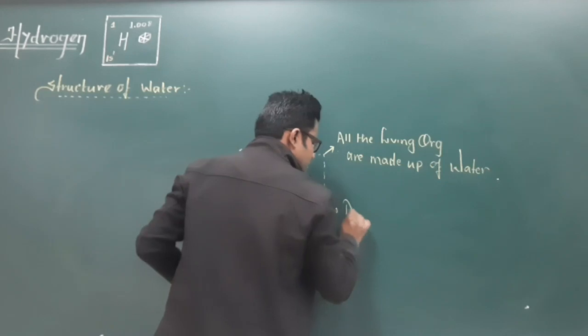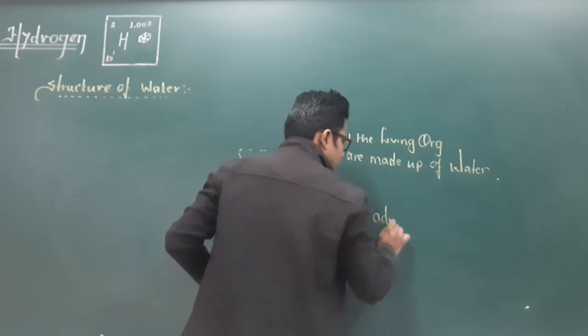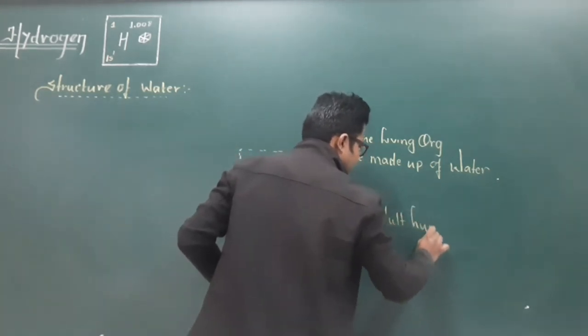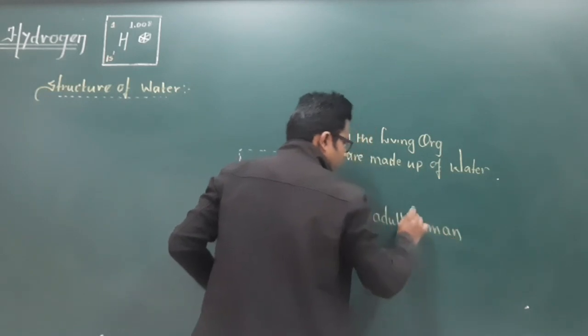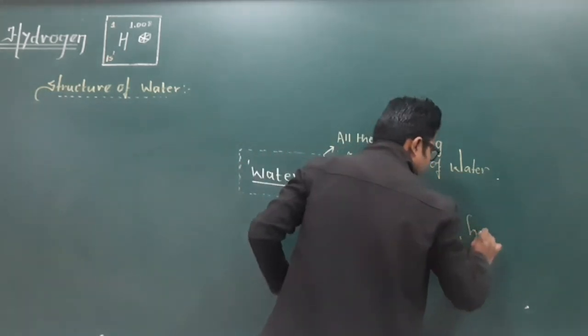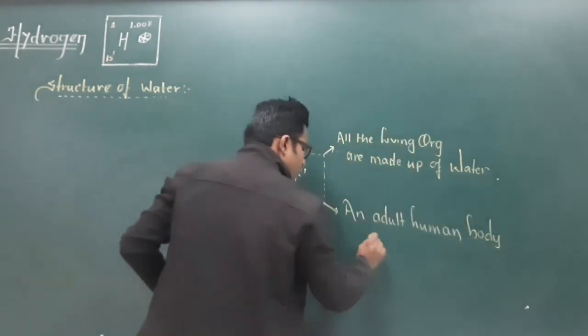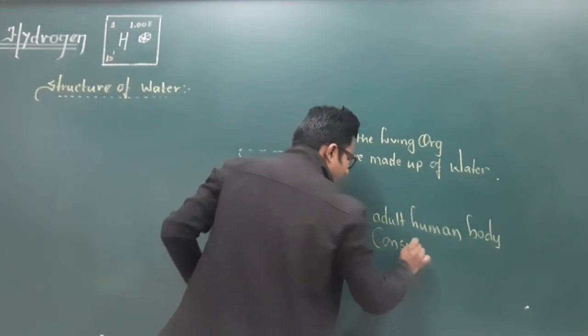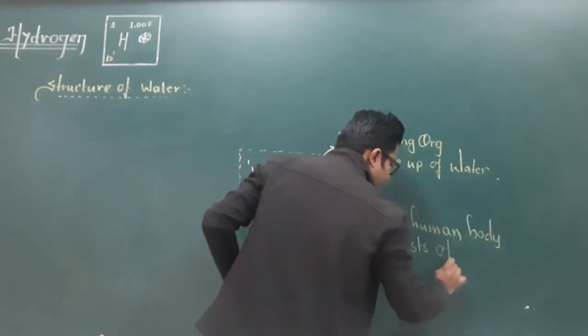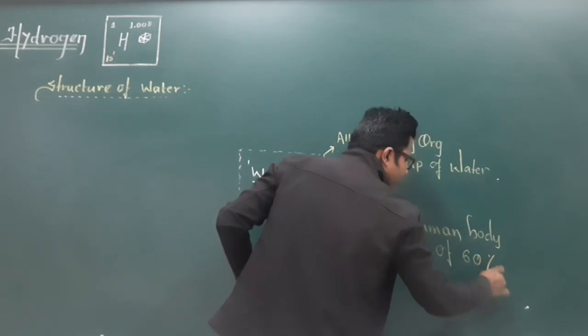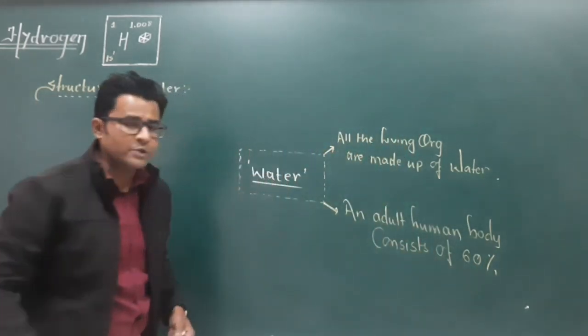An adult human body consists of 60 to 65% of water.